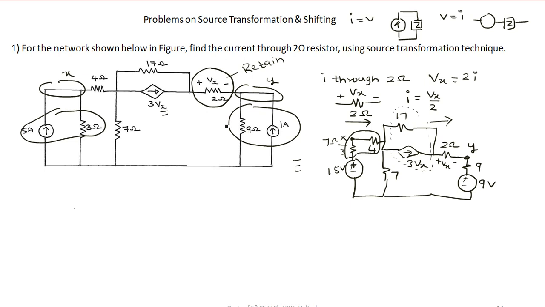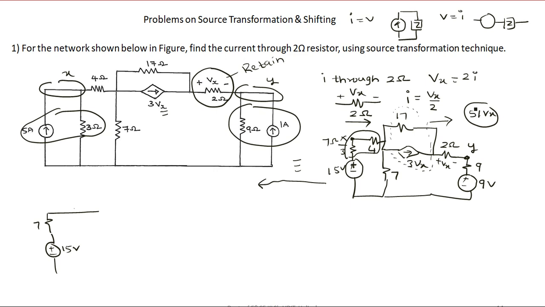So if I redraw this circuit again, what I can get here is the 15 volt source, then followed by the two resistors, which sum up to 7 ohms, and from here you have this dependent current source in parallel with 17 ohms. 17 into 3, that will be 51 Vx.